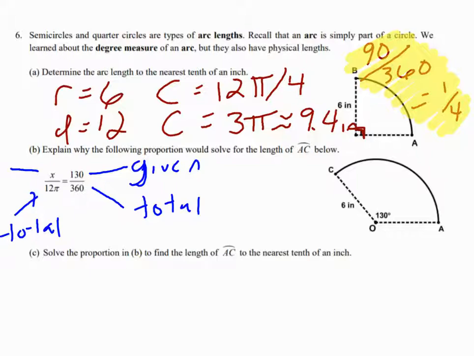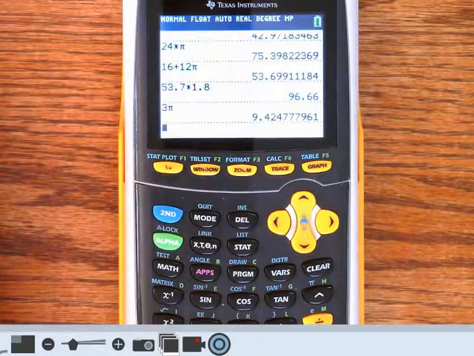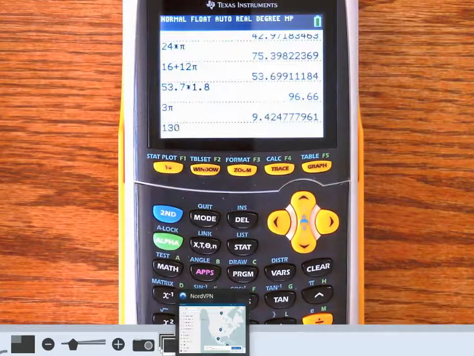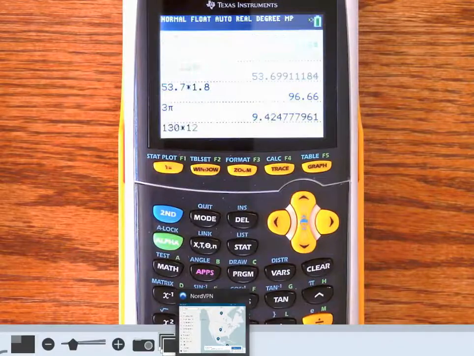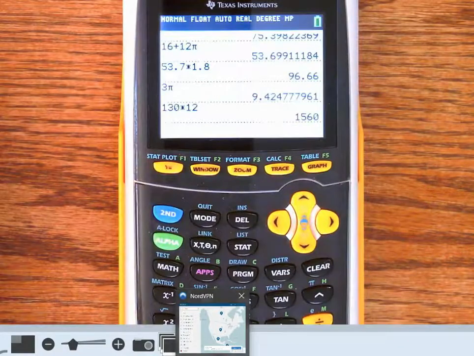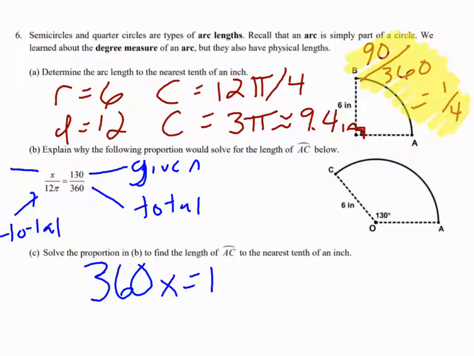Oh, and then it just says to solve this. So we could solve this proportion. 360 times x is equal to 130 times 12 pi. 130 times 12 is 1,560 pi.